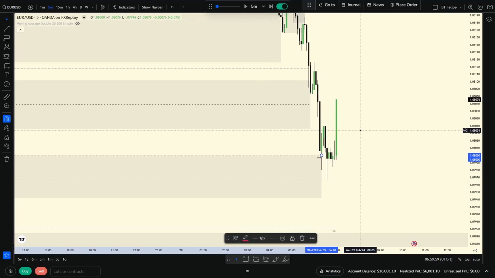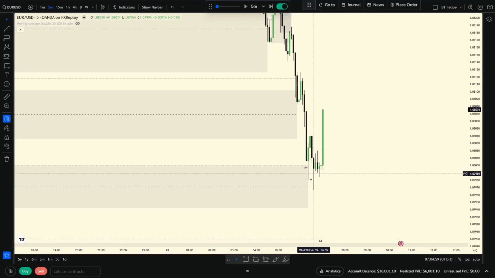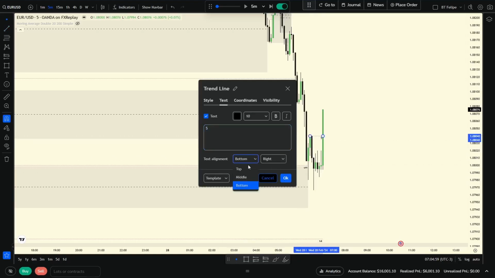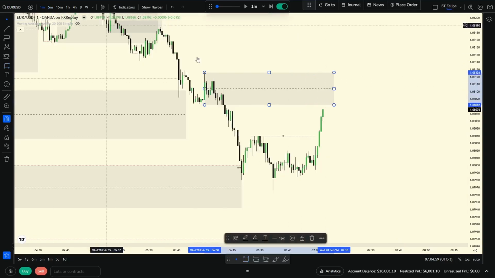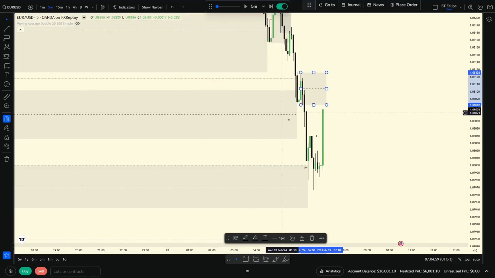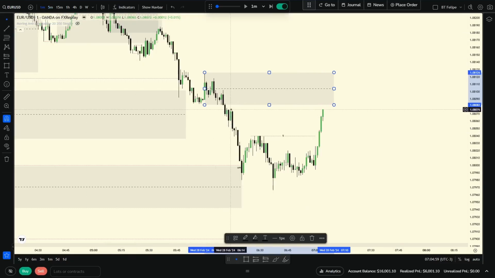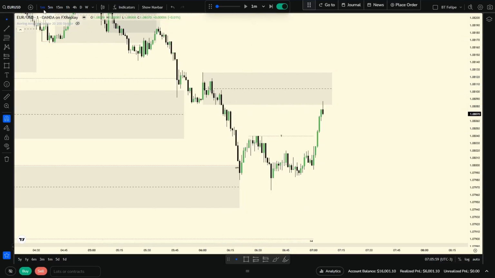No entry still. Now manipulate M5. This is the POI. Okay, tapped.